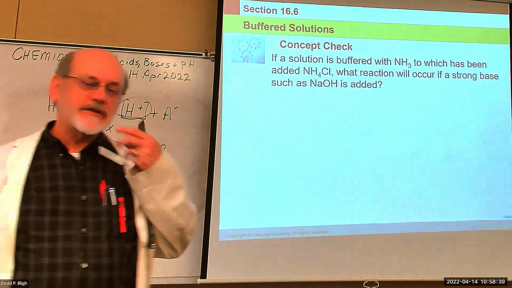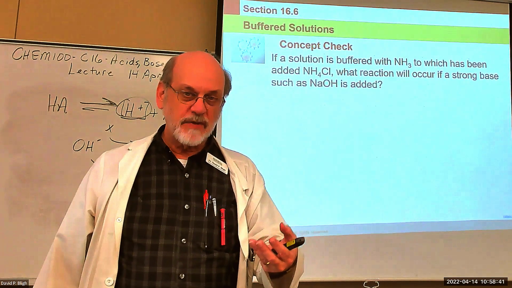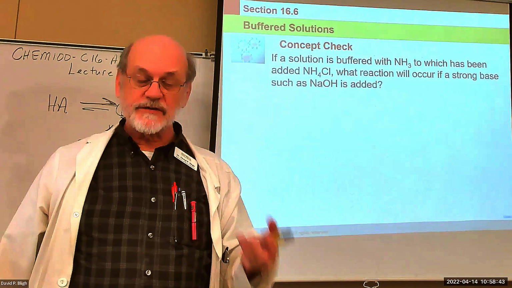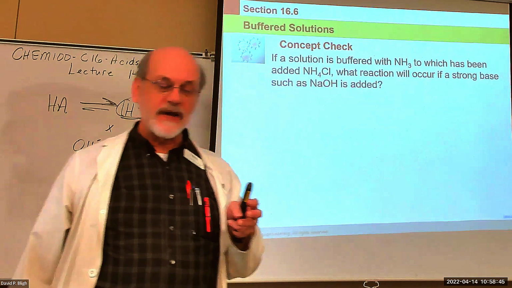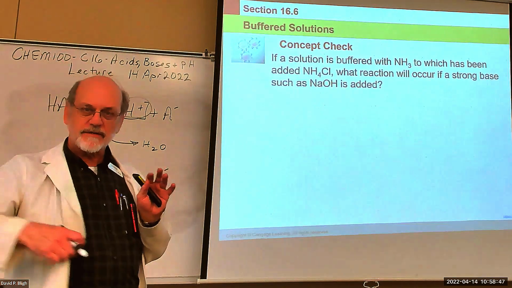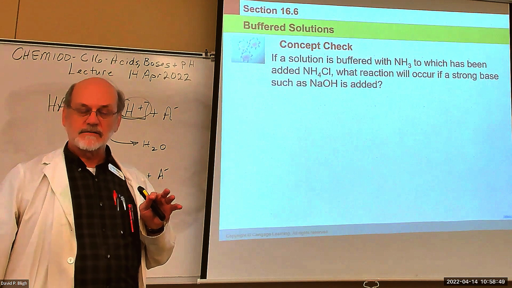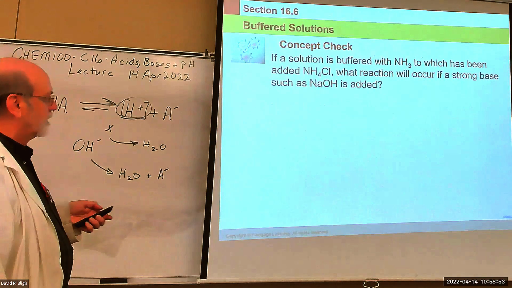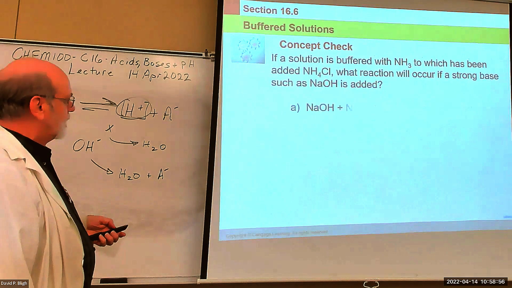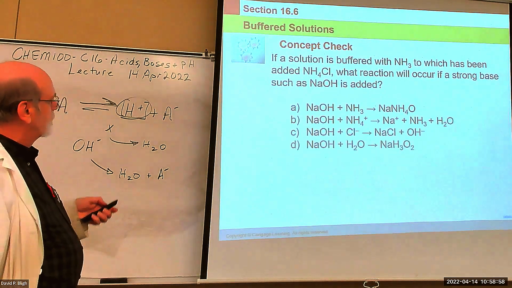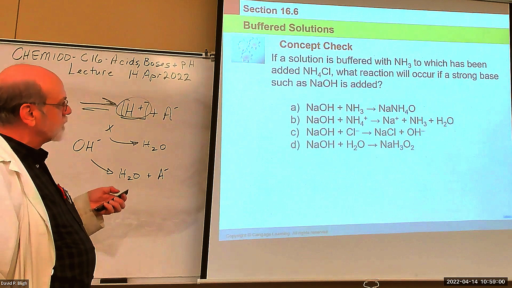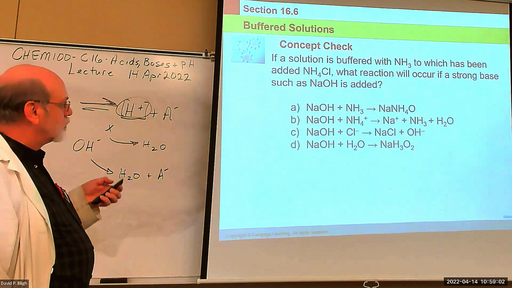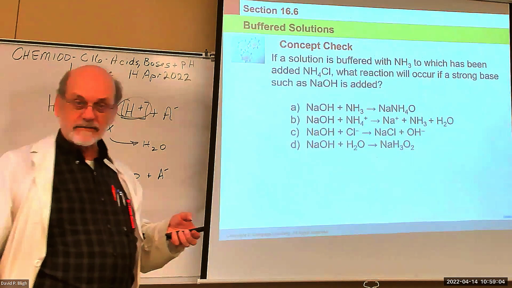I said most of the time we make buffers with weak acids and their conjugate bases, but you can also make a buffer with a weak base, like ammonia. So that's what this problem is doing. Okay, we're going to take a solution of ammonia to which we have added ammonium chloride.